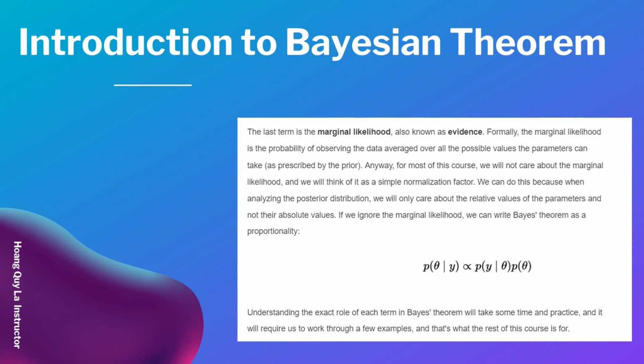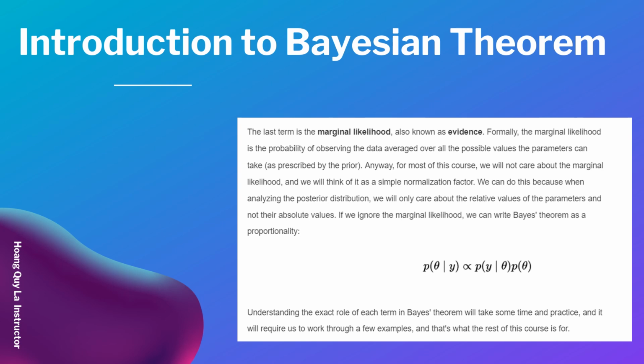Anyway, for most of this course, you will not care about the marginal likelihood, and we think of it as a simple normalization factor. We can do this because when analyzing the posterior distribution, we only care about the relative values of the parameters and not their absolute values.